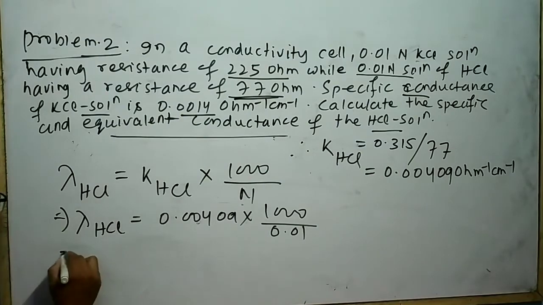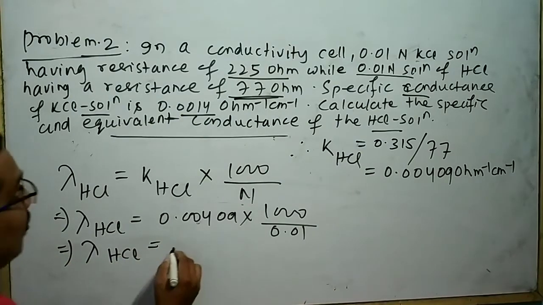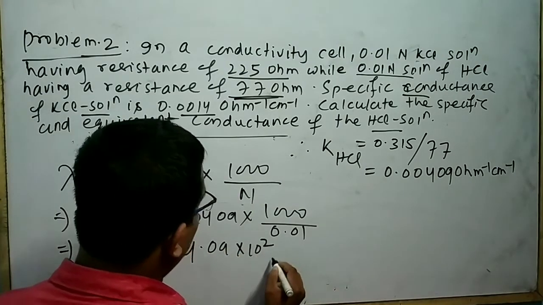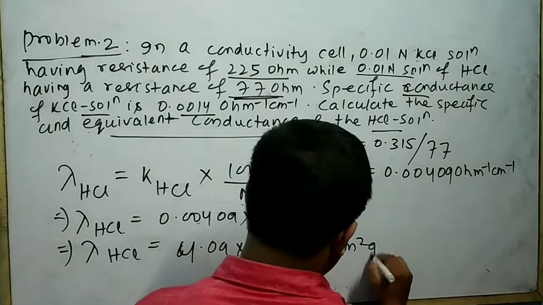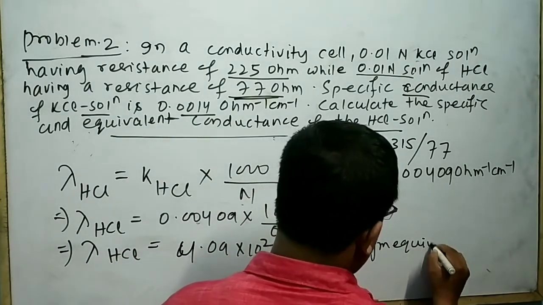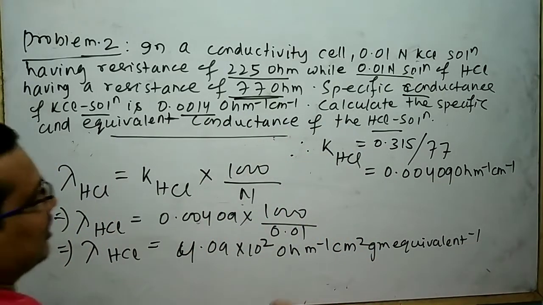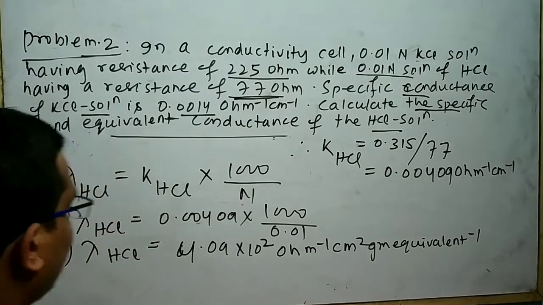By solving, I can write equivalent conductance for HCl equal to 4.09 into 10 to the power 2 ohm inverse cm square gram equivalent inverse.